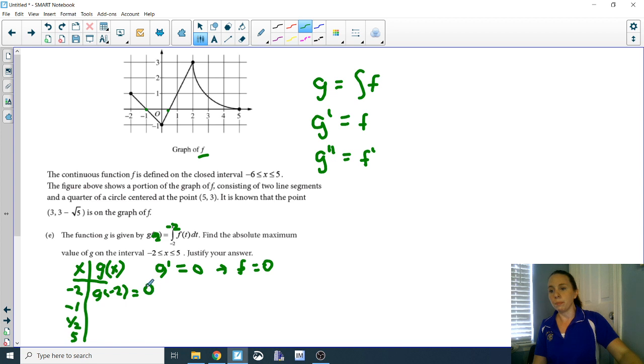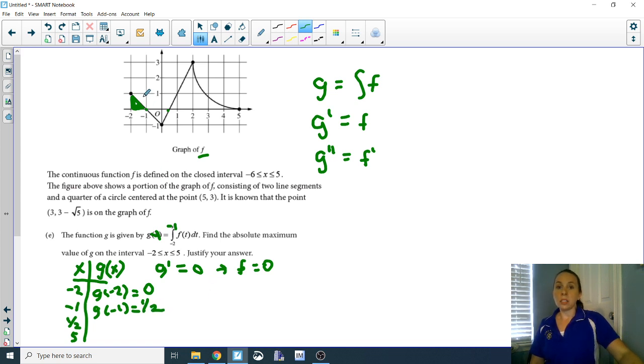By the way, that's definitely not going to be a max, because if I have an endpoint and it's positive to the right of the endpoint, that means that endpoint is a min. Not that you need to worry about that. Next, g of -1. Go back to this g function, sub in -1 for the x's. What's the integral from -2 to -1 of f? It's 1/2 because it's the area, which we already calculated.